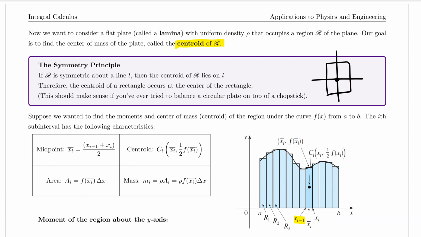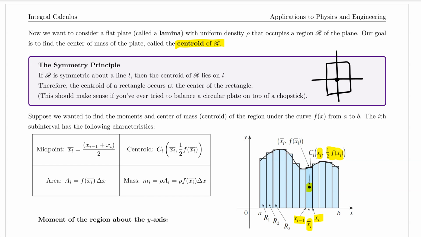We have the left endpoint being x sub i minus 1, the right endpoint being x sub i, and then the x value that's exactly halfway between them is x sub i bar. And so the centroid is going to be located at the x value x sub i bar, and then the y value of the center of mass, or the centroid, would be half of the y value when we plug in x sub i bar into our function.